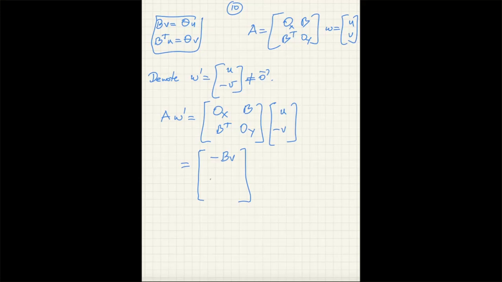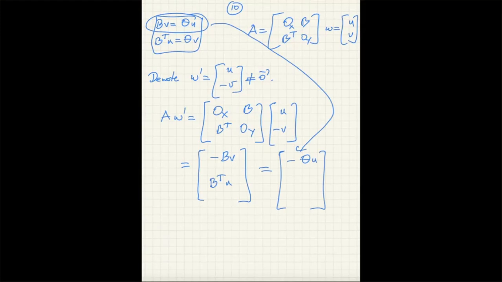And in the second part, we get B transpose U. But from our previous result, BV equals theta U, so we get minus theta U over there. And B transpose U equals theta V, so you get theta V.